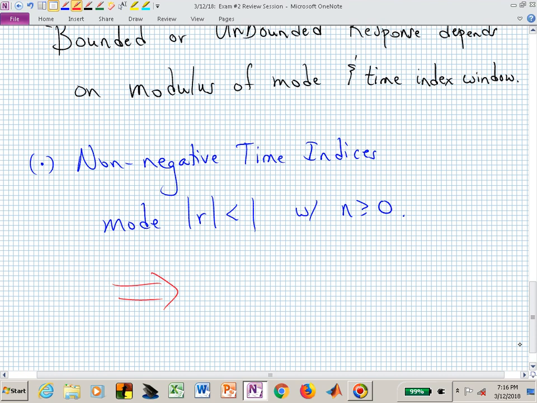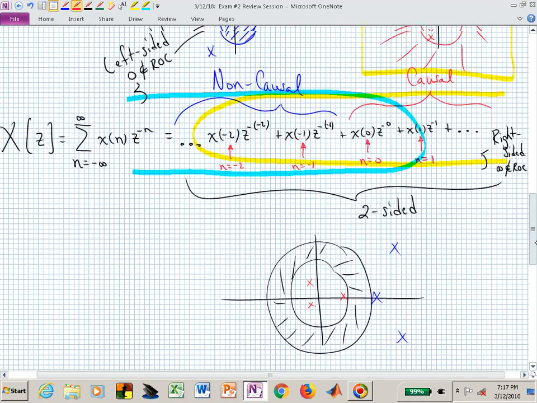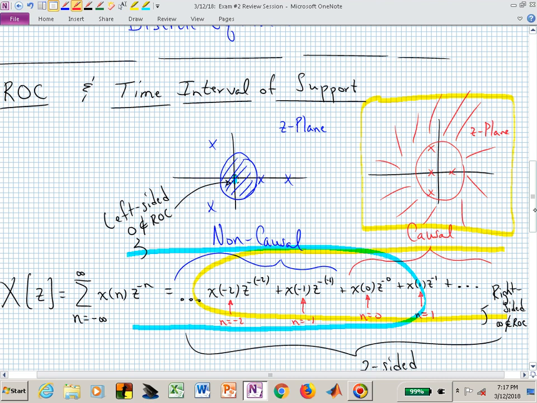Does that correspond to a bounded response or an unbounded response? And what you could do is go back and say, oh, non-negative, I now have this right-hand red region of convergence. My region of convergence is outside all of my poles, and now somebody's told me that the biggest pole is a distance less than 1 from the origin. What does that tell me?